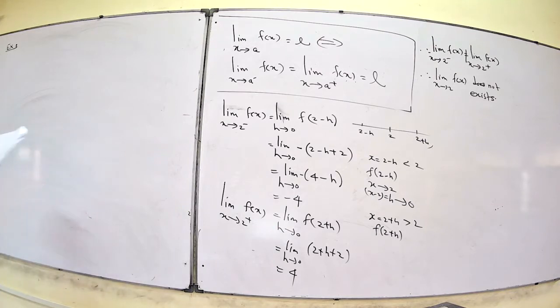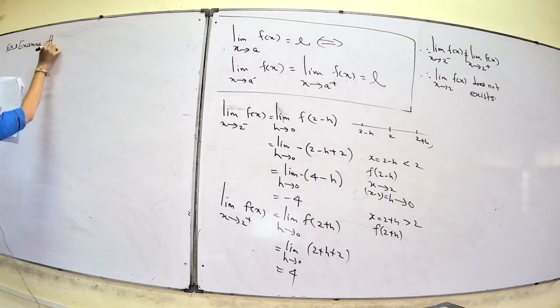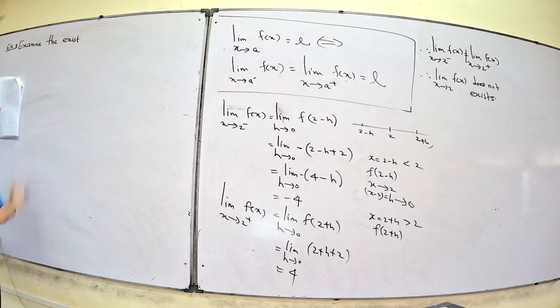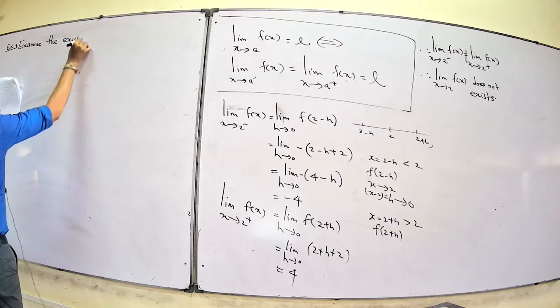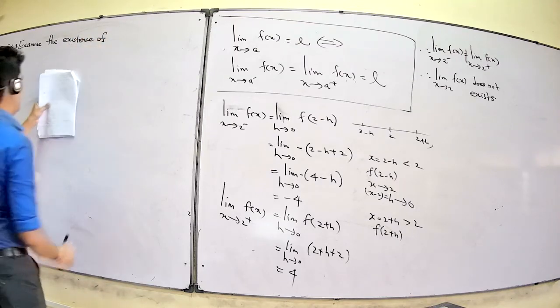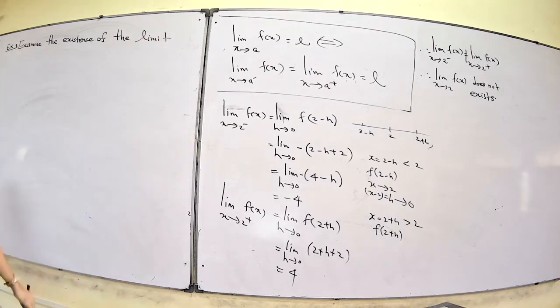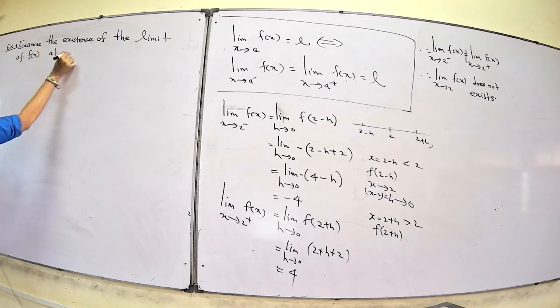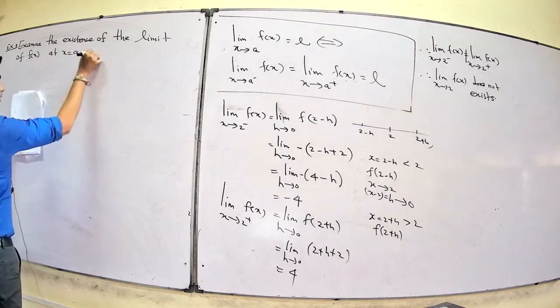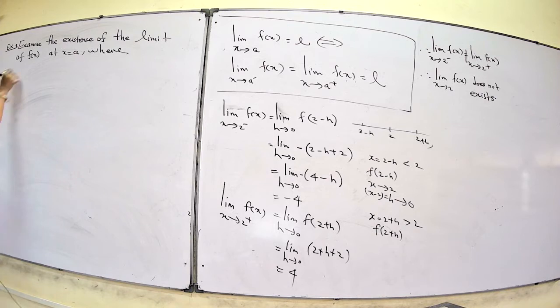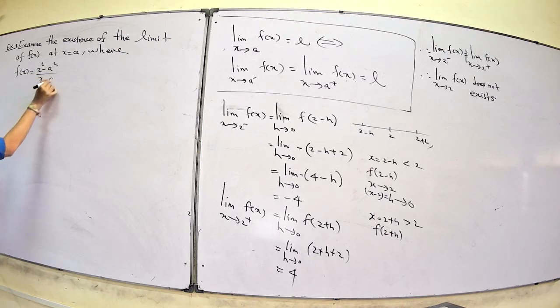Next question: examine the existence of the limit of f of x at x equal to a, where your function is defined by x squared minus a squared over x minus a.